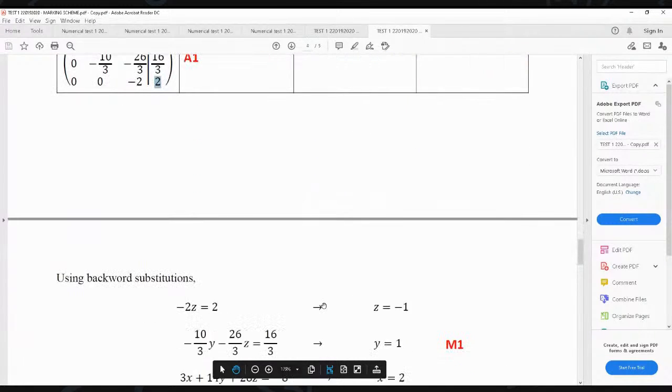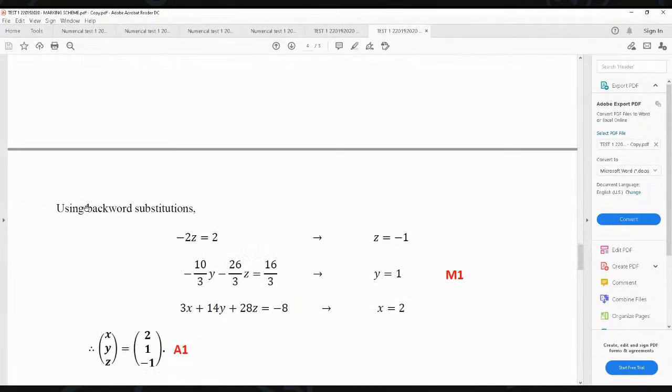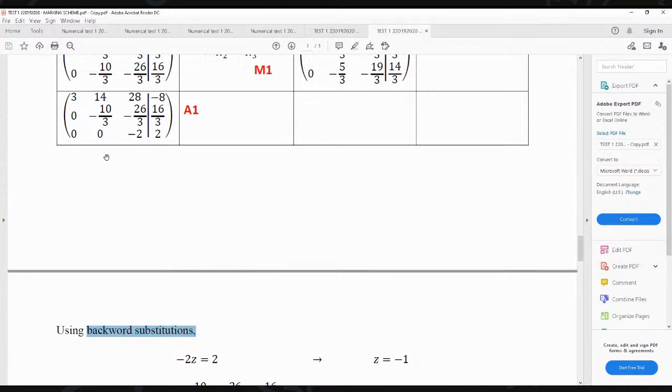Now use backward substitution on this matrix. You are using a calculator, so please use your calculator. I don't want you to make a mistake in the last step and lose your marks.